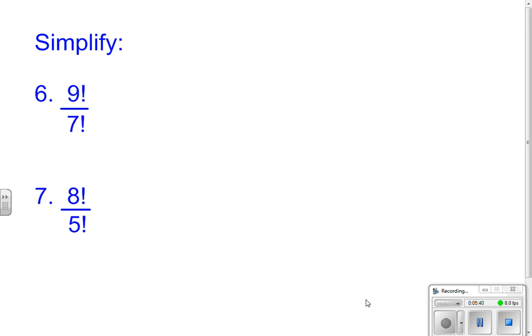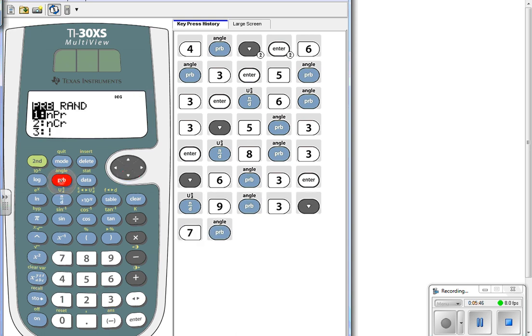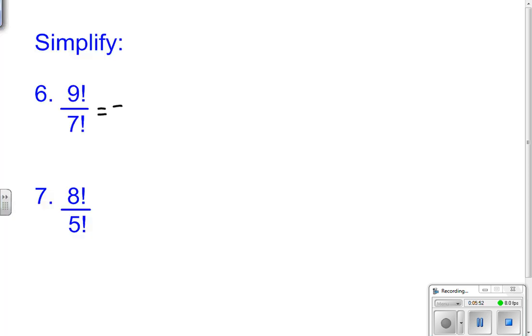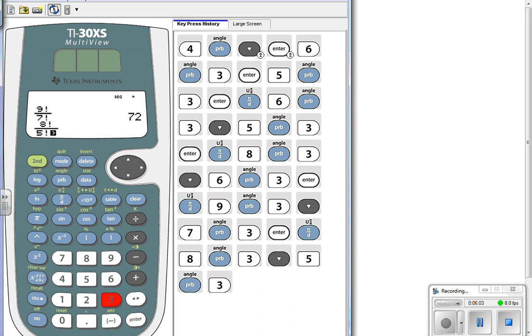Nine factorial over 7 factorial is 72. And number 7, 8 factorial over 5 factorial is 336.